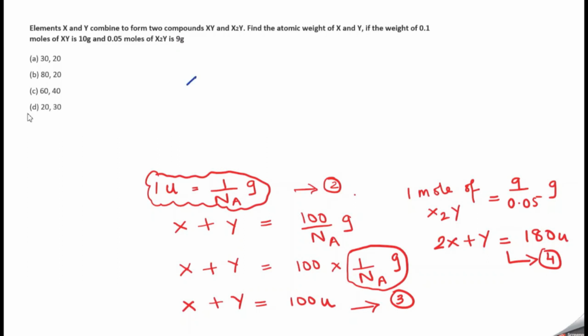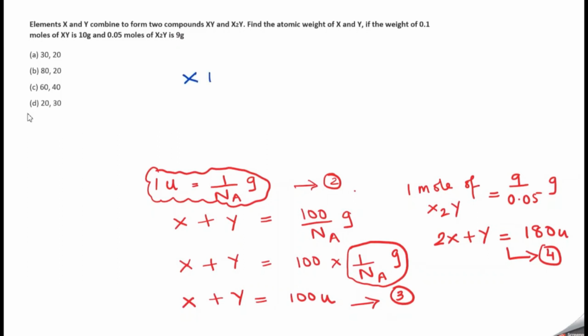Okay, now X plus Y is equal to 100 U, correct? The next one is 2x plus y is equal to 180 U, correct? So we know from maths how to solve this. If we subtract, then what will we get?